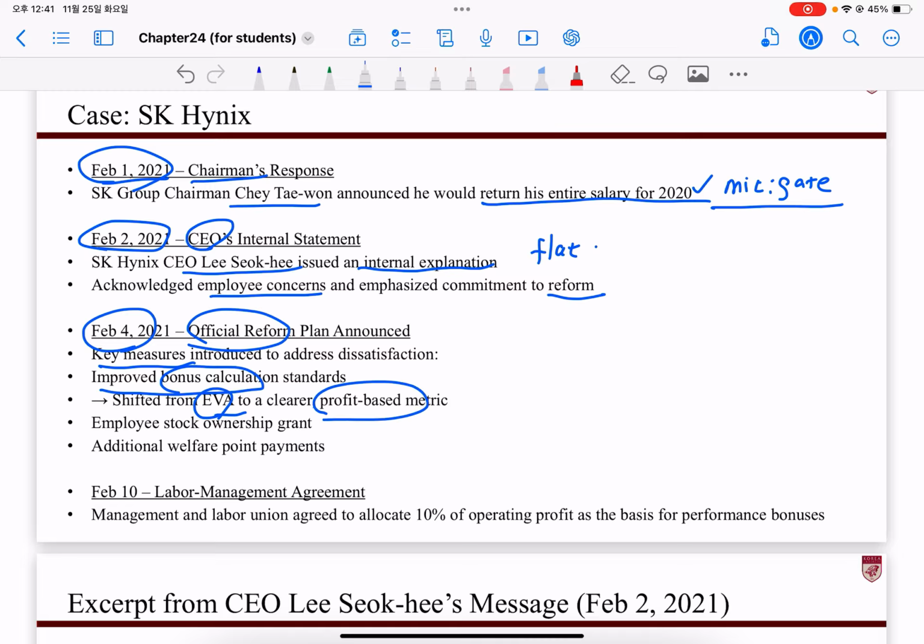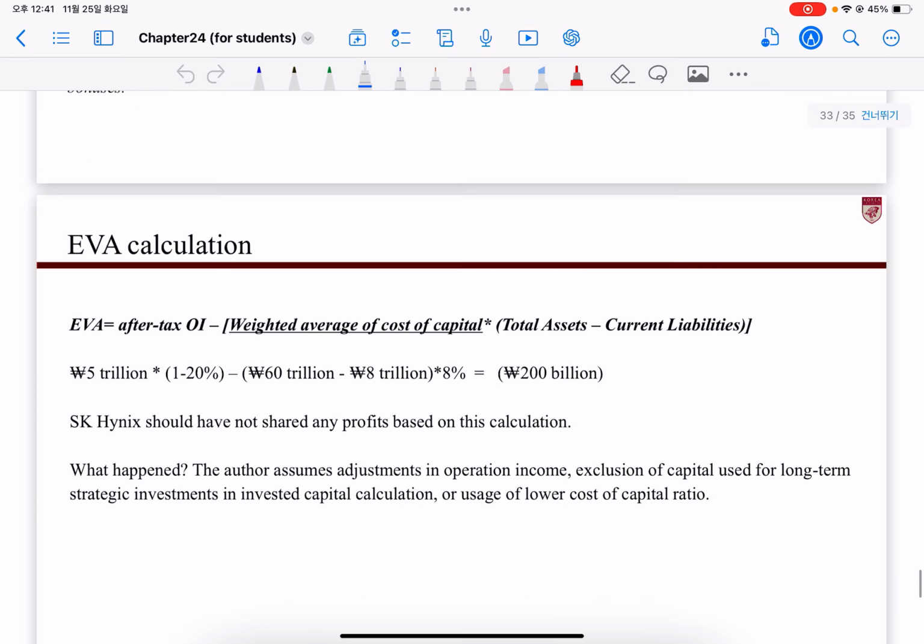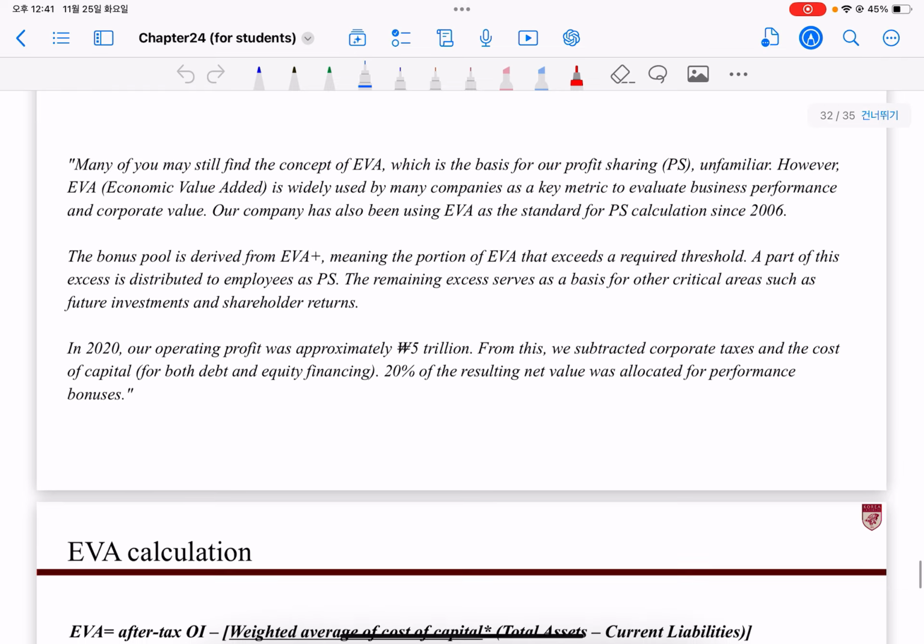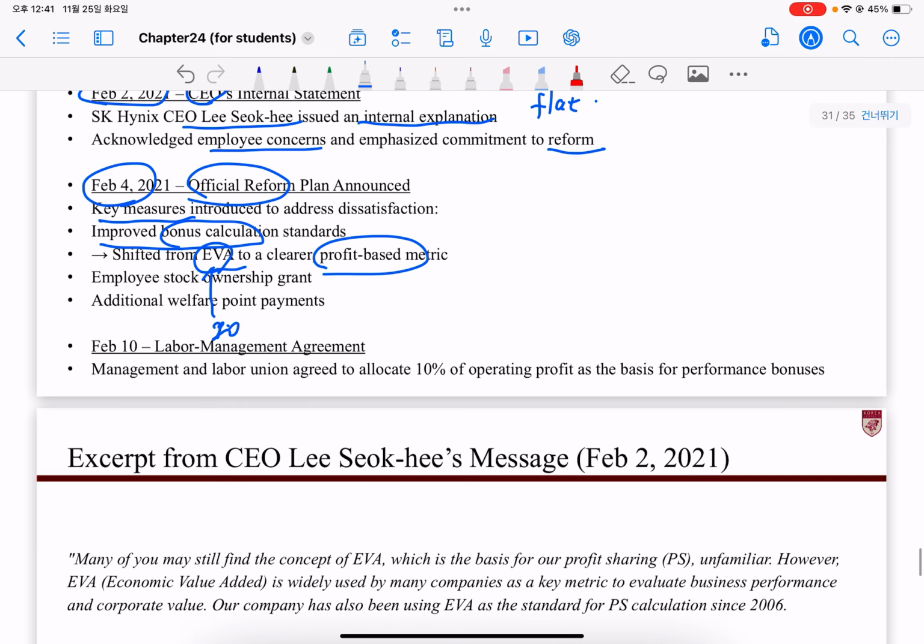Okay, so let's say they have paid like 10%, was it 10? I think it was 20%. Yeah, 20% of EVA to the employees. How about 10% of a clearer metric of operating profit?